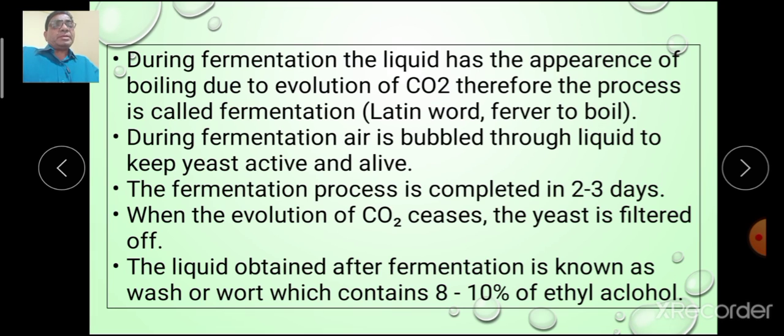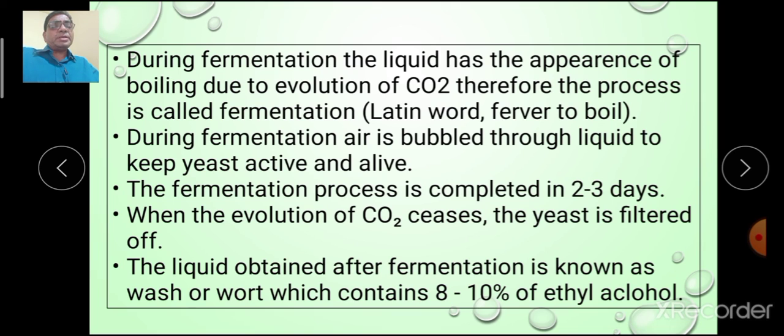During fermentation, the yeast must be active and alive. For this purpose, air is bubbled through the liquid. Now students, this fermentation process is slow and it is completed in 2 to 3 days. That is, much time is required for the completion of the process.